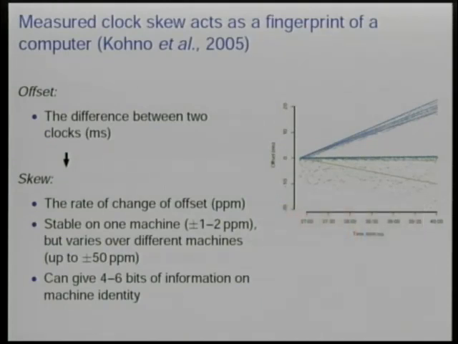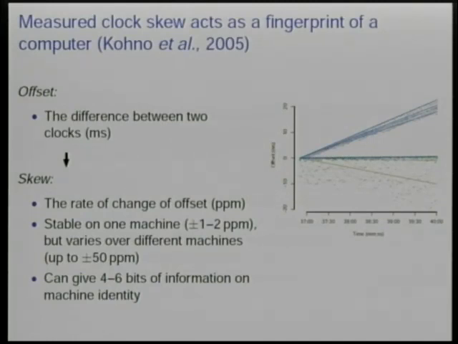Each of these dots is one TCP timestamp request, and trying to estimate the offset from that. There's noise, as you can see, but if you try to fit a line over the top, it pretty much matches the points underneath. And the slope of this line is the clock skew.